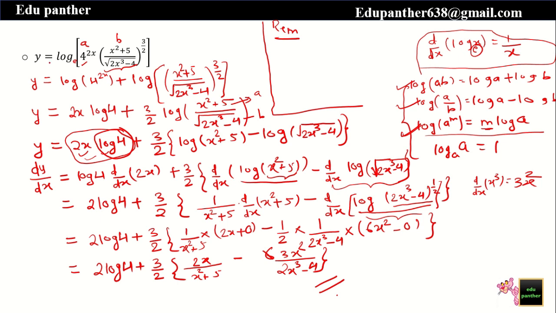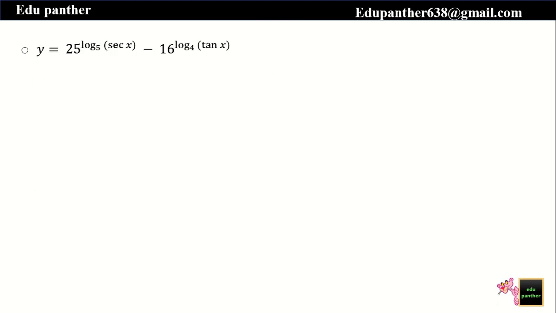If nothing is mentioned in the base, that means by default the base will be e. But if the base is not e, we have to change the base to e. That we'll see further, how to change the base in log and then differentiate. So now we'll move to the next question.